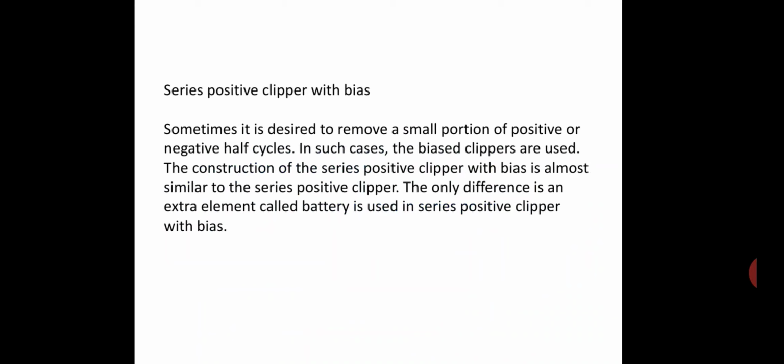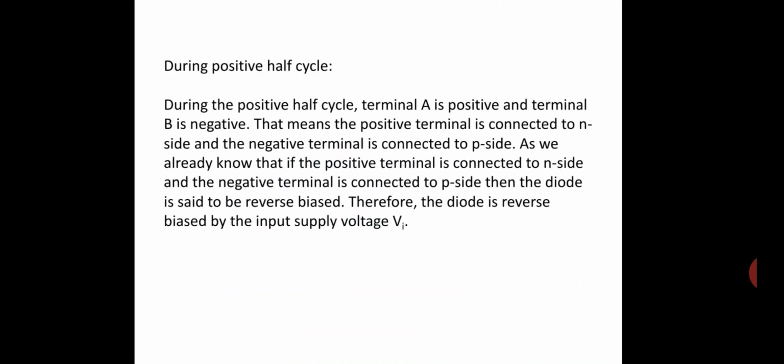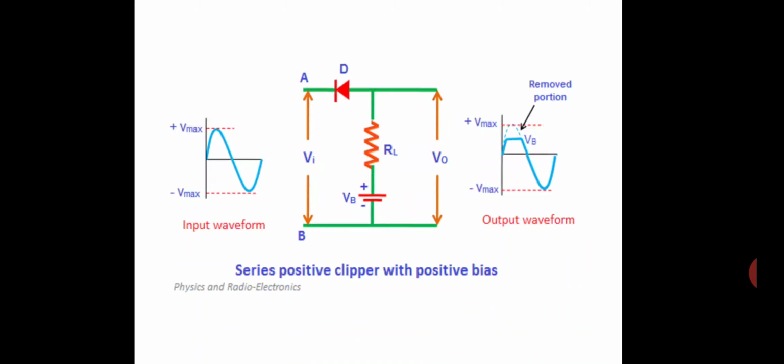The construction of the series positive clipper with bias is almost similar to the series positive clipper. The only difference is that an extra element called a battery is used in series with the diode, like this.